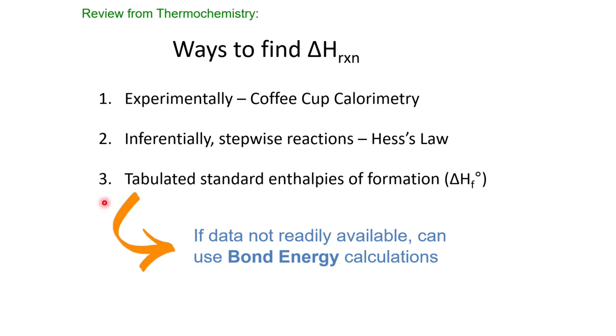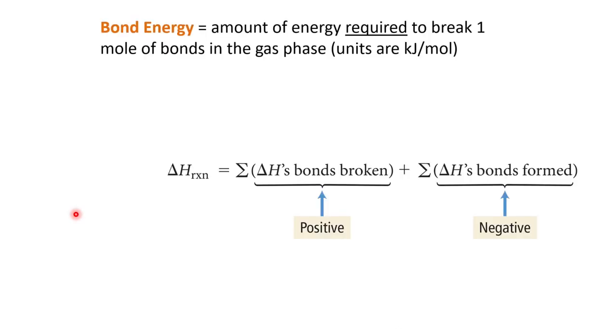So if we do not have any of this, we can use bond energies in these calculations. So when I say bond energy, what do I mean? Well, it is the amount of energy that is required to break a mole of bonds in the gas phase. So we measure these with gaseous atoms, and gaseous molecules, excuse me.